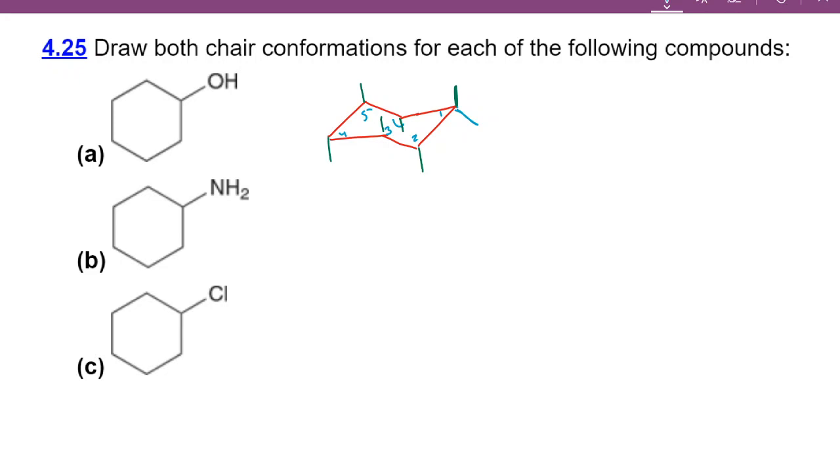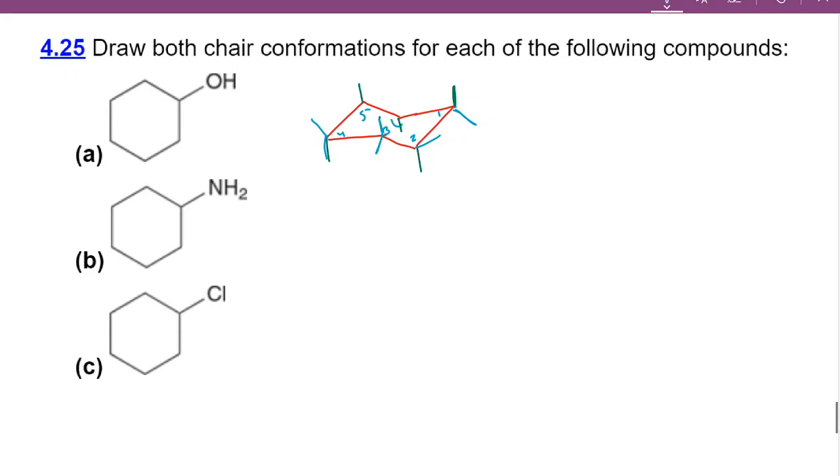Carbon 2 has axial down, so we're going to have equatorial up. 3 has axial up, so equatorial down. 4 has axial down, so equatorial up. 5 has axial up, so it's equatorial down. Let's draw it a little better there.